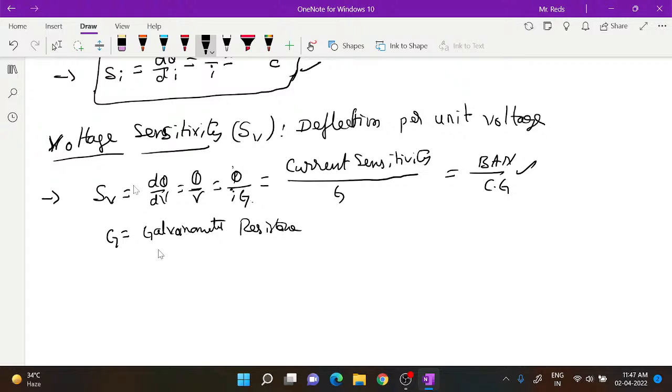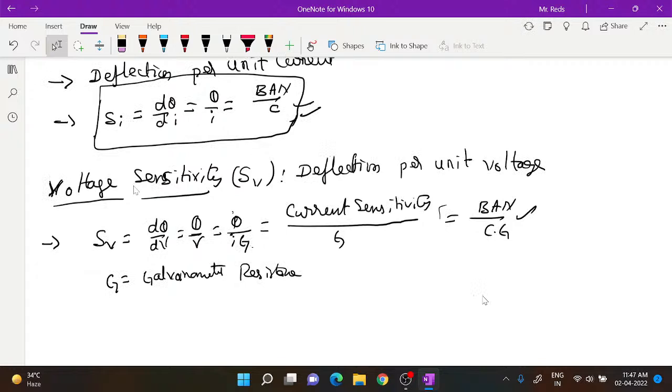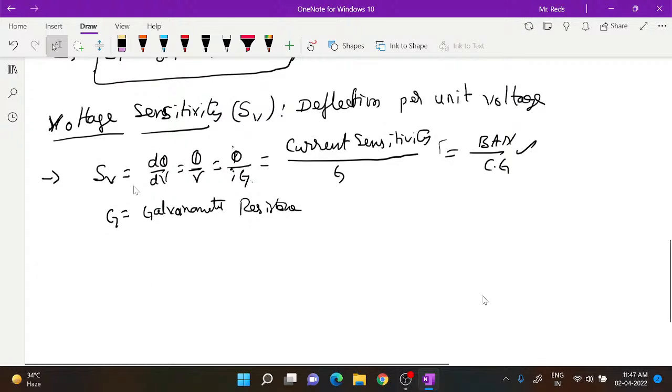We can change either current sensitivity or voltage sensitivity by varying any of these parameters, B, A, N, C, G, by increasing those which are directly proportional and decreasing those which are inversely proportional.